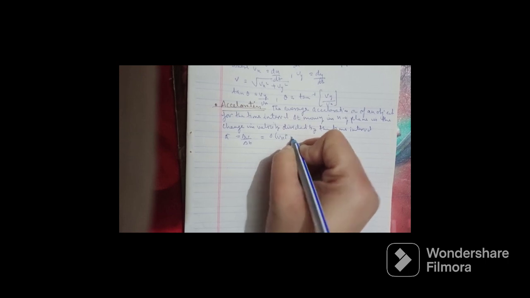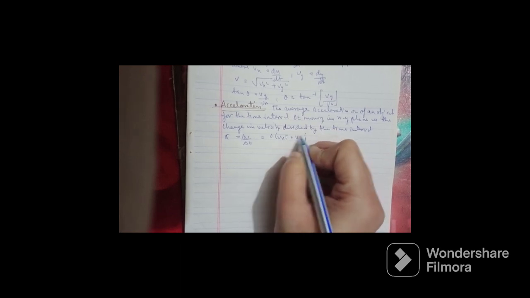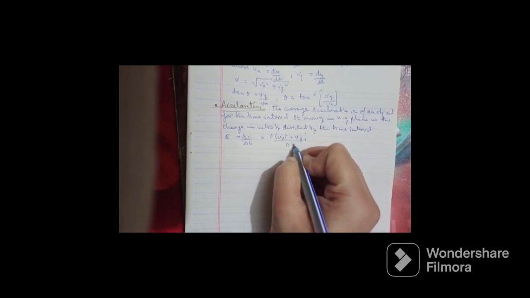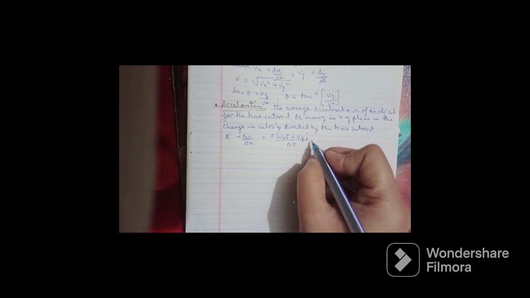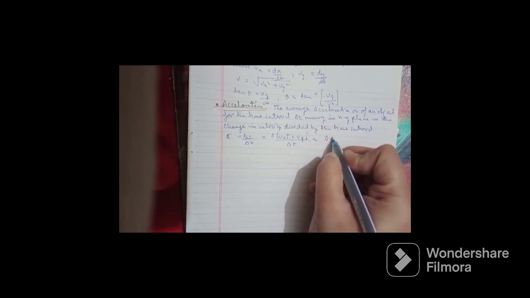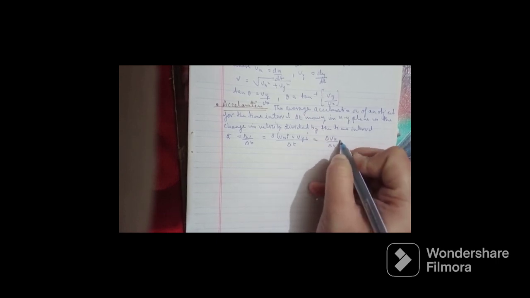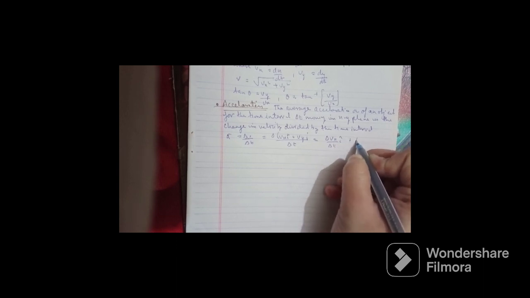Vx i cap plus Vy j cap upon delta t, which equals delta Vx upon delta t i cap plus delta Vy upon delta t j cap. So in the same way we go for it.